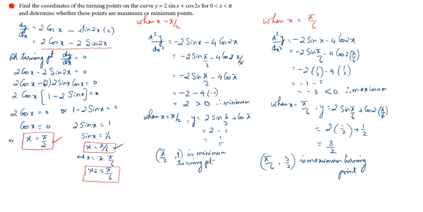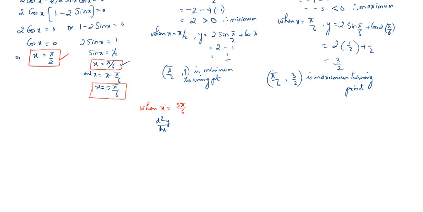Anyway, I will write a small brief about this. When x is equal to 5 pi by 6, d squared y by dx squared is equal to, we know the derivative.